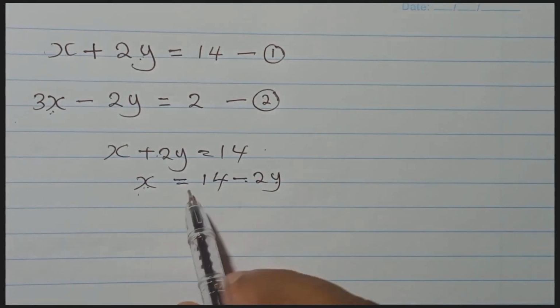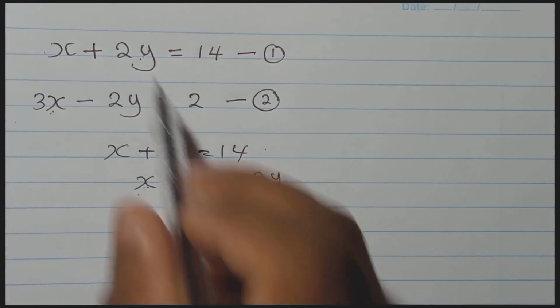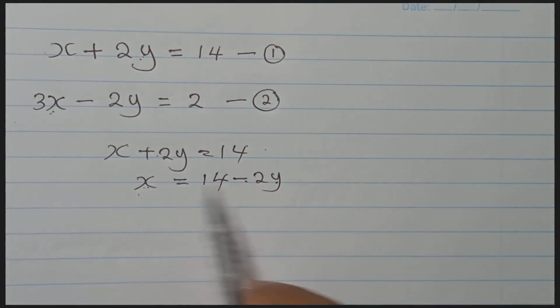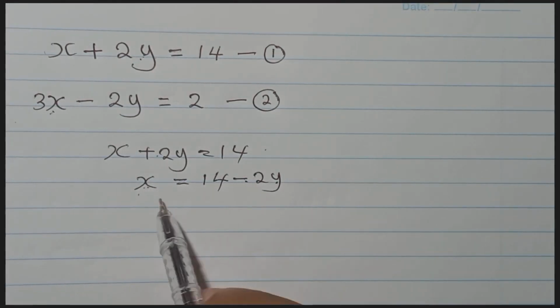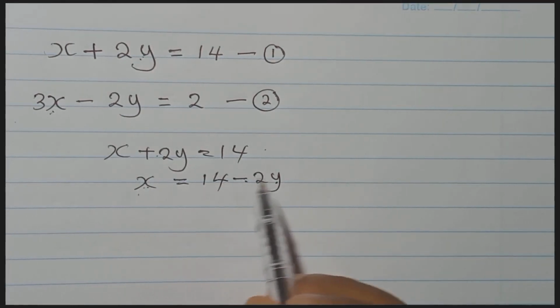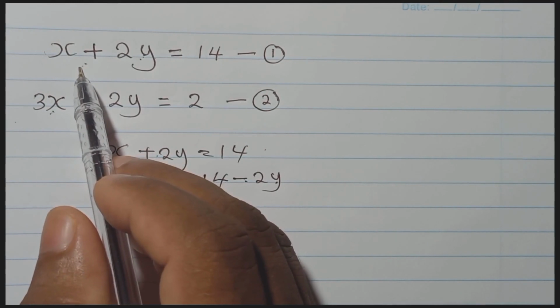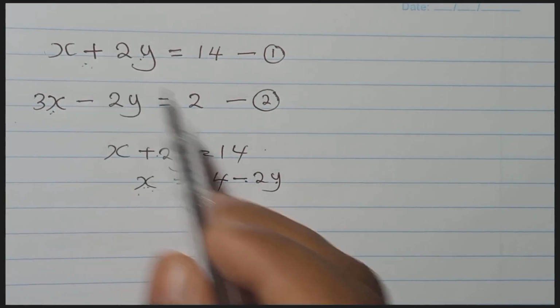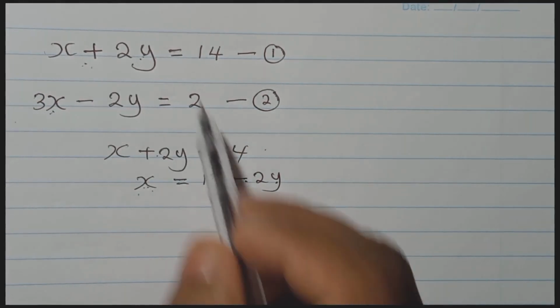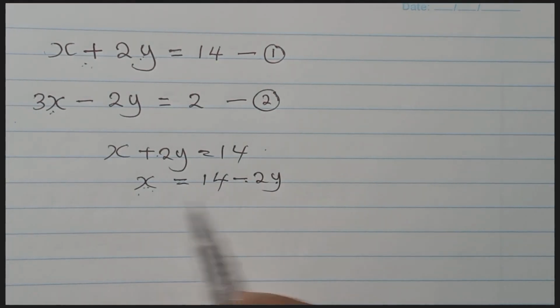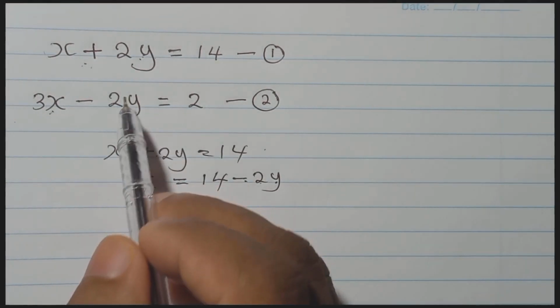But here, very carefully, this one I made using equation 1, no? Using equation 1, I made x the subject. The problem is, if you substitute this x equals this again into equation 1, you can't get the answer. You have to substitute this into equation 2.